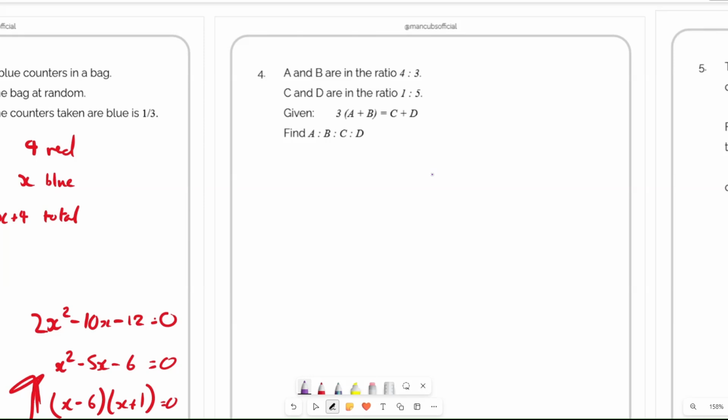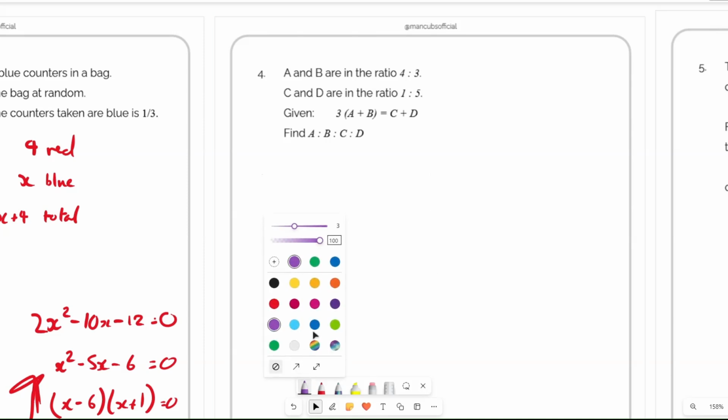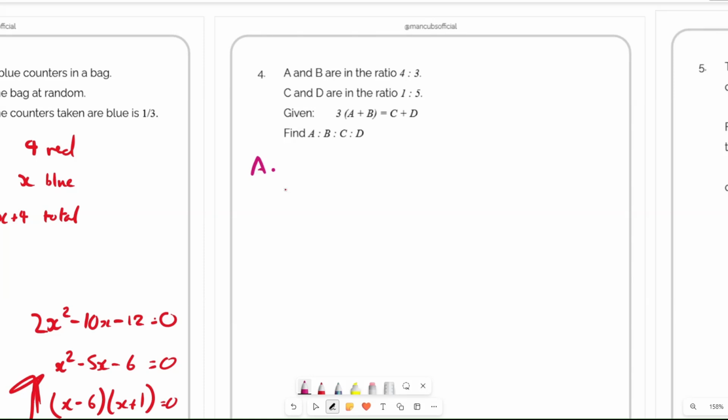So when you've got something like this mixed in with a bit of algebra, what I like to do is convert the ratio into a fraction. Everyone seems to forget you can do that. Since we know that A to B equals 4 to 3, we can say that A over B as a fraction is equal to 4 over 3.